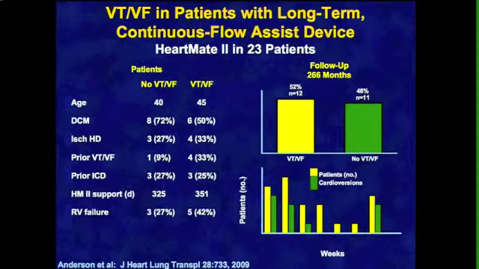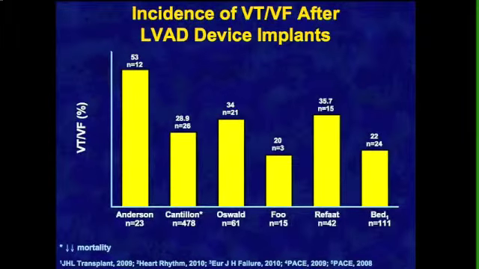This is just one study from Anderson, and about 52% of them do. And so we learn that something has to be designed up front to deal with that risk. If you look at a number of different studies together, the risk is somewhere between about 20% and 60% that patients who have an LVAD will get a ventricular arrhythmia.